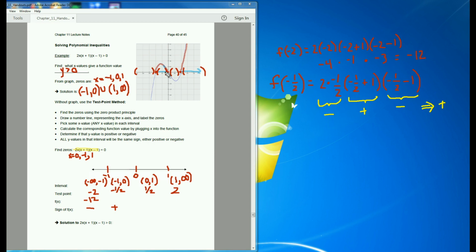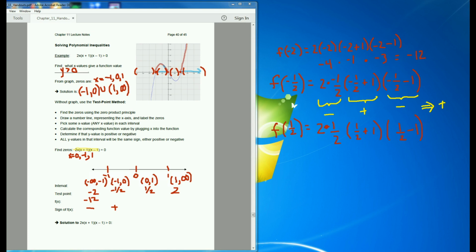Let's try that same method for f of positive 1/2. It's 2 times x, so that's 2 times 1/2, and then times x plus 1, so 1/2 plus 1, and then times x minus 1, so that's 1/2 minus 1.